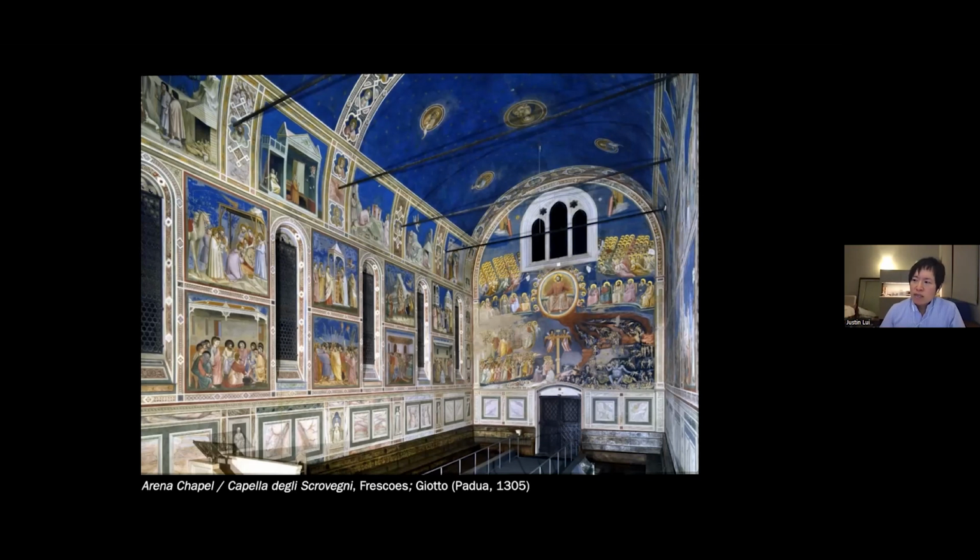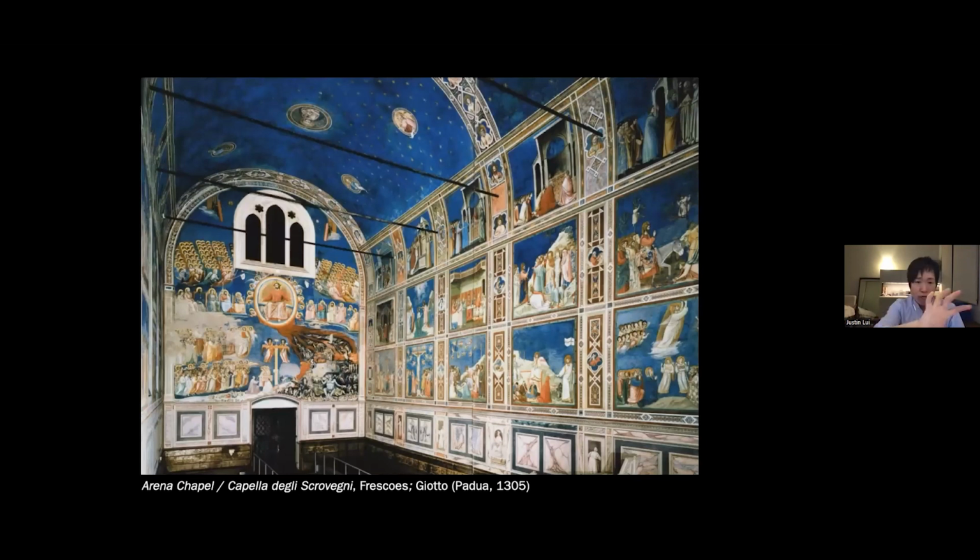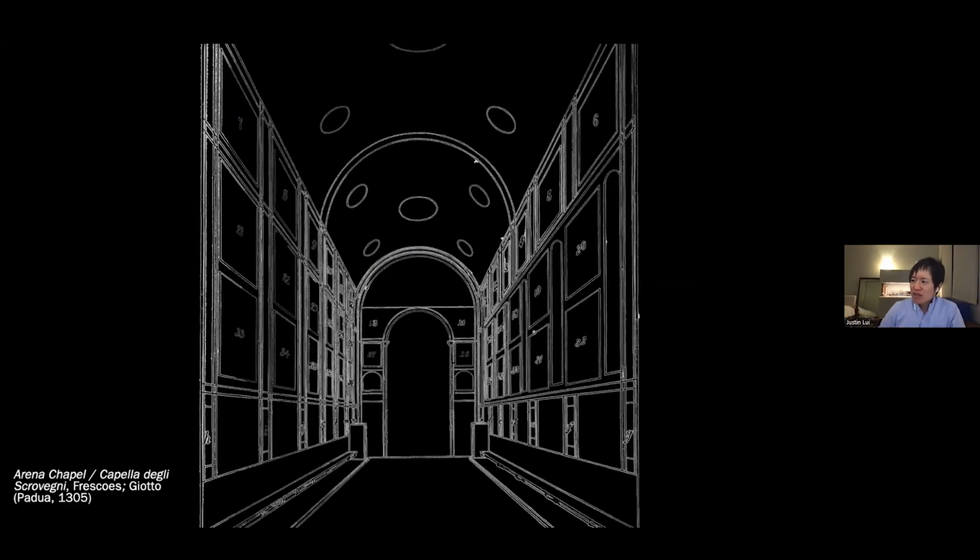So they painted one of the stories from the Bible, and it's various scenes that are arrayed along the walls of this chapel. They're arranged in numerical order, 1, 2, 3, starting from the upper corner there.